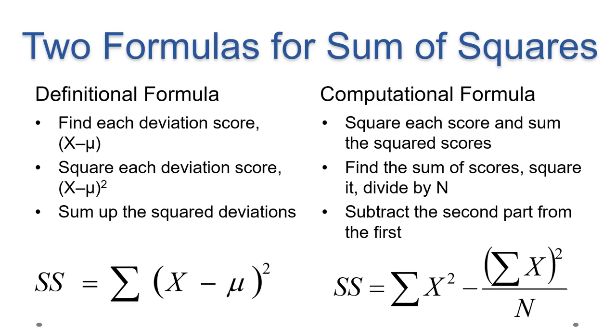Open parentheses, sigma x, close parentheses, squared, divided by n. Then subtract your answer in the second step from your answer in the first step. The formula is SS is equal to sigma, open parentheses, x squared, close parentheses, minus, open parentheses, sigma x, close parentheses, squared divided by n.